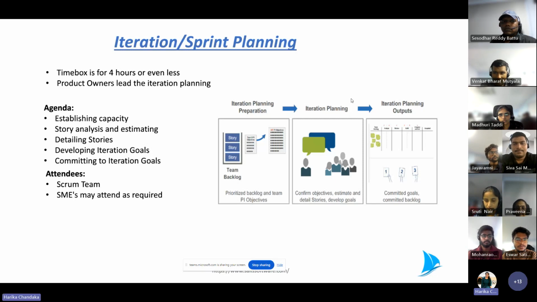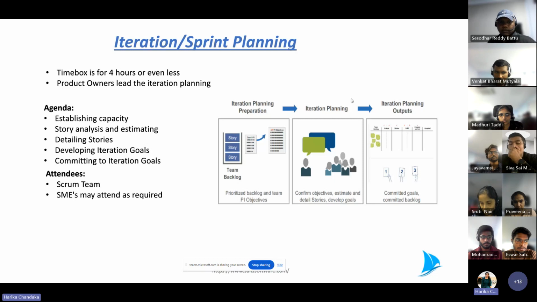Okay, and developing iteration goals is the next agenda. So why do we need to have iteration goals? The entire team, as a team, should have clarity on what we are going to achieve at the end of the sprint. So the main purpose is to align team members to a common purpose, what we are going to achieve as a team within the sprint, and align all the team to a common objective.